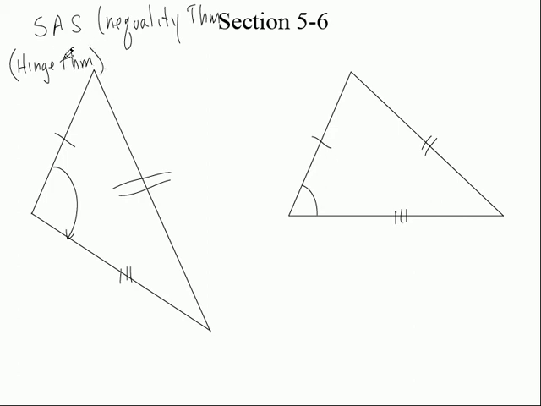But I like side angle side inequality better because I have two sides that are equal to two sides, and I have an unequal angle. See, this angle right here is unequal, okay? It's an included angle, but one angle is bigger than the other. So if one angle is bigger than the other, guess what's true about the opposite side? The opposite side, opposite the big angle, is bigger than the side opposite the small angle.